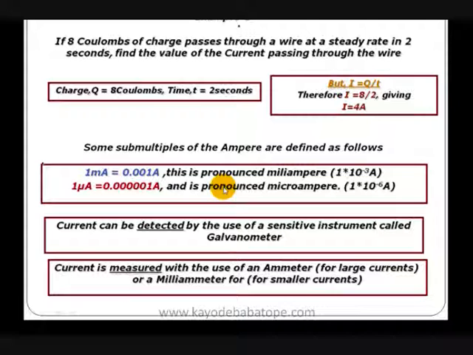Take note that the galvanometer is used in detecting the flow of current, whereas the ammeter is used in measuring the quantity, the value of current. So the galvanometer does not measure the quantity of current, it only detects the flow of current. Take note of the difference: the galvanometer detects the flow of current, but the ammeter measures the amount of current.